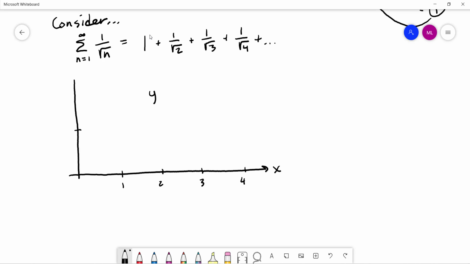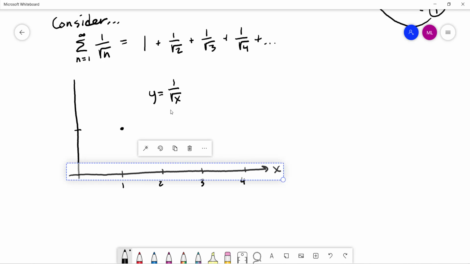And here I want to graph y equals 1 over the square root of x. When I plug in x equals 1, it'll go through the point 1, 1 right here-ish. When I plug in 2, it'll go over the point 1 over root 2, which is like root 2 over 2, like 0.7-ish, so still pretty high up here.